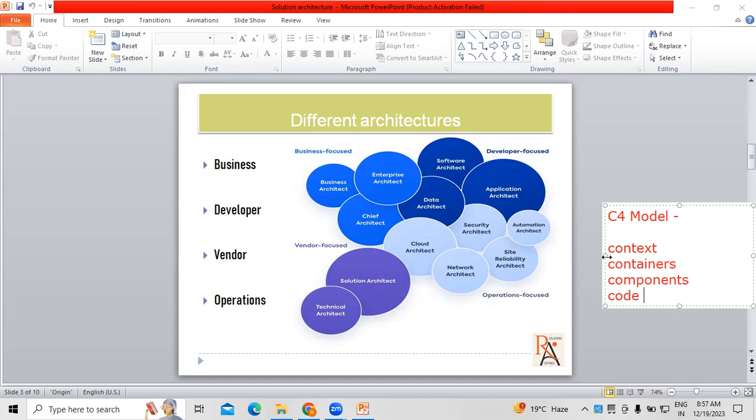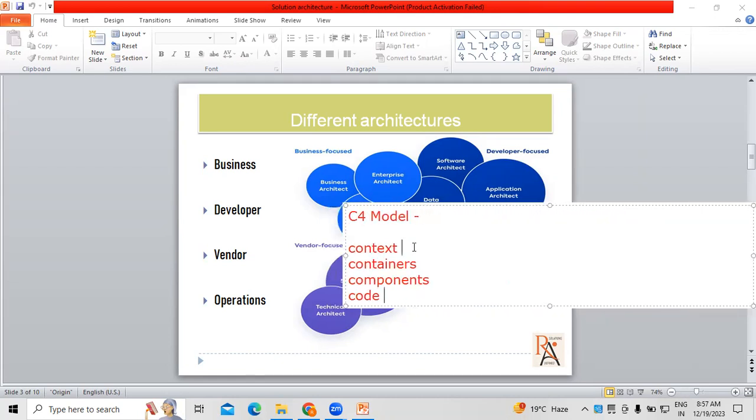So context is what we generally call the system context diagram. Now, what is the system context diagram useful for?